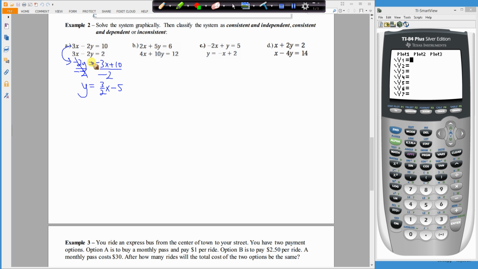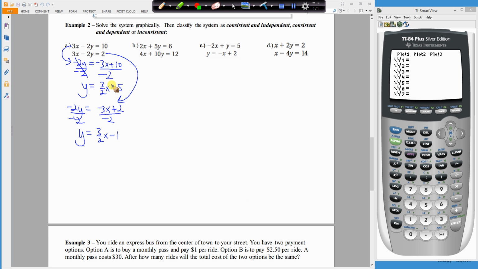All right, this one, if we solve this one, you get negative 2y equals negative 3x plus 2. And if we divide this by negative 2 everywhere, you get y equals 3 over 2x minus 1.